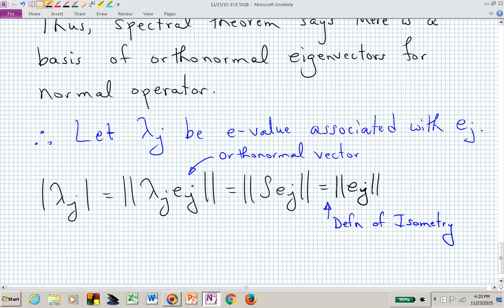And what do we know about the norm of an orthonormal vector? Since we normalized it to have a norm of 1, and this is true for all j, we can go from the far left to the far right, and now we've shown that all of these eigenvalues for this operator that's an isometry have a magnitude of 1.